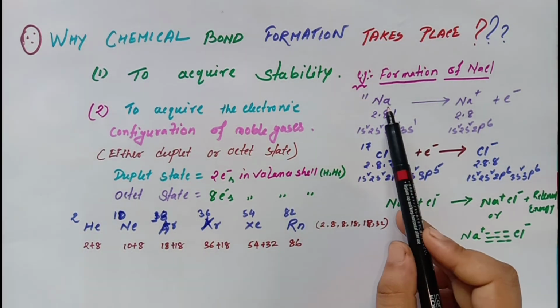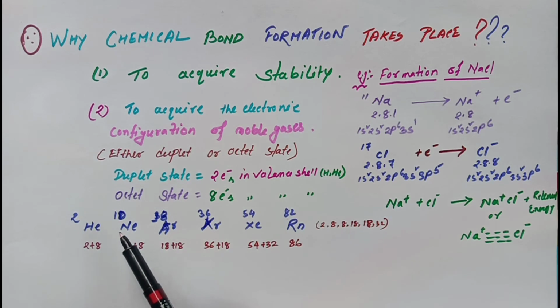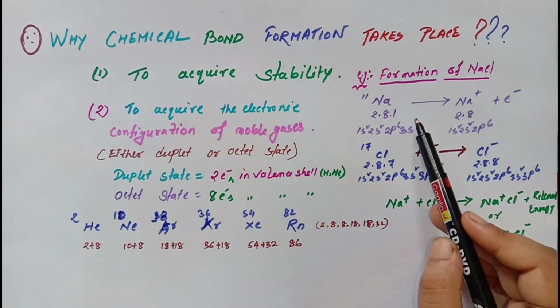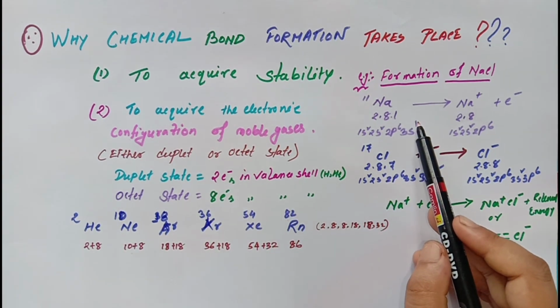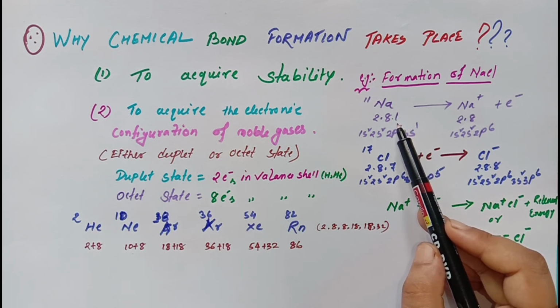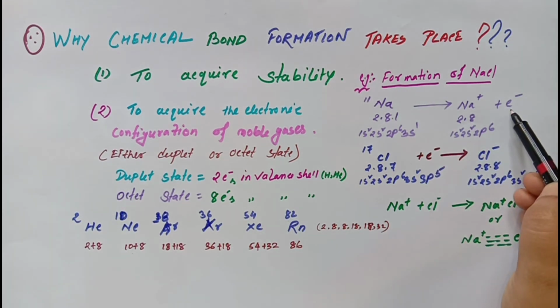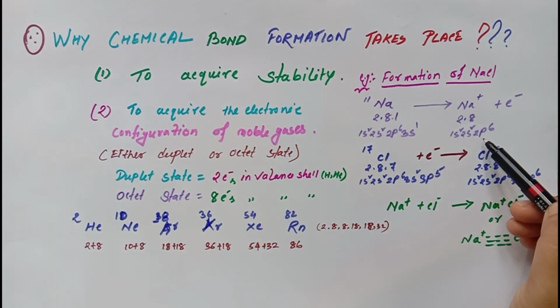So sodium will always try to get the nearest noble gas electronic configuration. That is why it will be easier to remove this outermost electron to get this stable electronic configuration. So it will remove this electron and get the electronic configuration of neon.